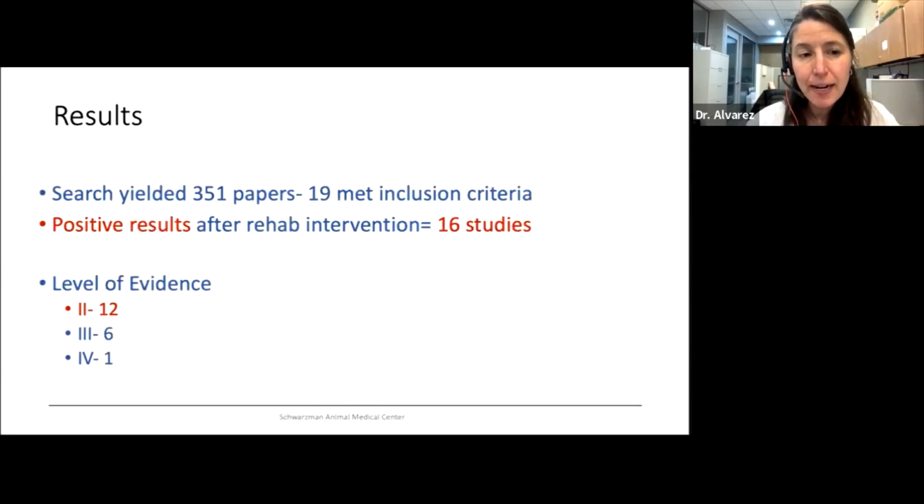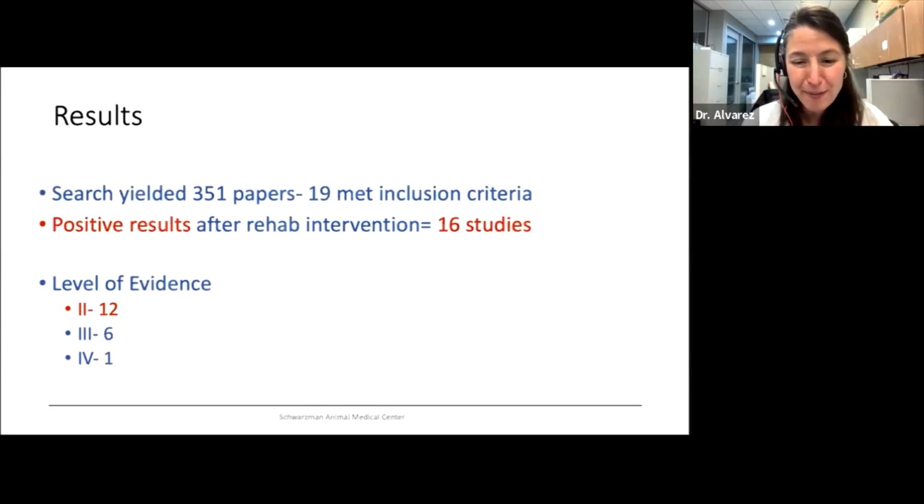In my study, the search criteria matched 351 papers. 19 of those actually met the inclusion criteria. And so the study included 19 randomized controlled clinical trials. We found positive results in rehab interventions for 16 of those studies. So that's really nice to know.